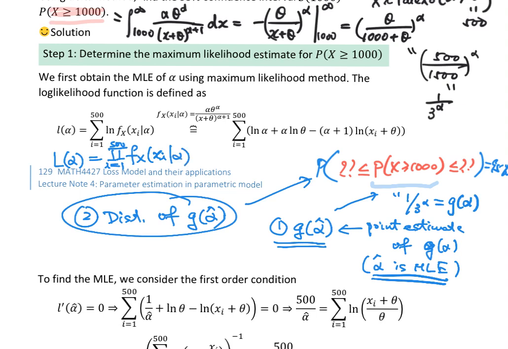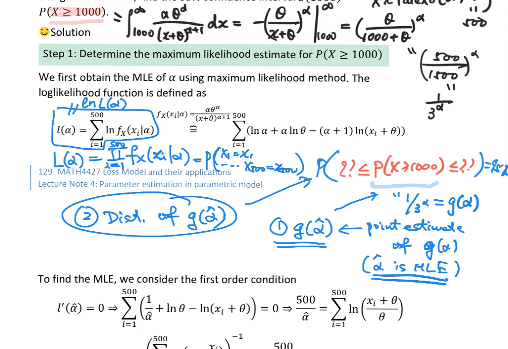It is the probability that S1 equal to s1, ..., S500 equal to s500. And in order to find the maximizer, we will consider the log of this likelihood function.